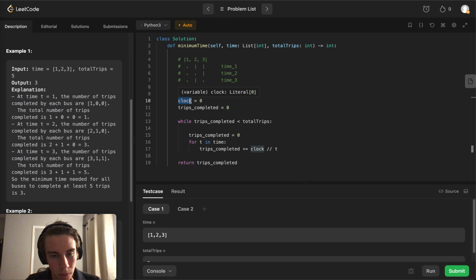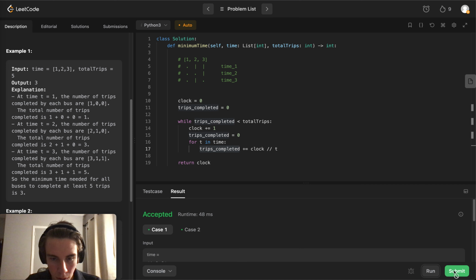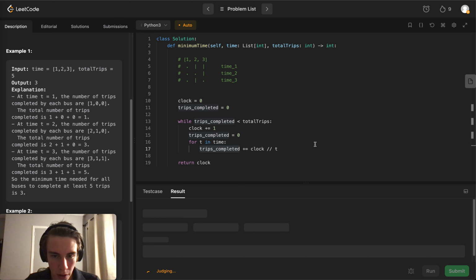While clock plus equals 1, we have to return the time it takes for a trip to complete. So each time we're setting the, okay, yeah, this is right. Okay, wait, was that easy?